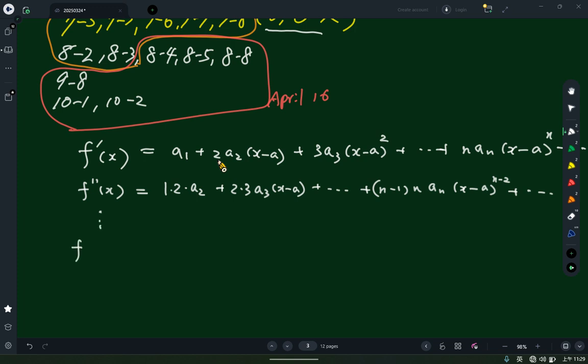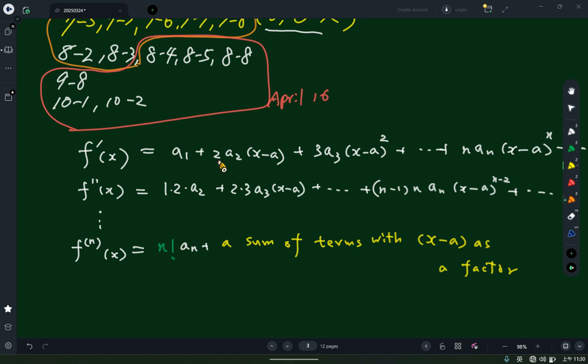Differentiate n times. Yeah, we can get this one, a sum of terms with x minus a as a factor.